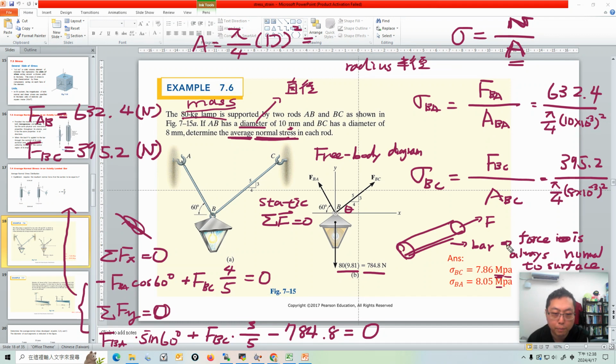So use the mega prefix to represent your answer, or you would have to write lots of zeros. You can check this by yourself.